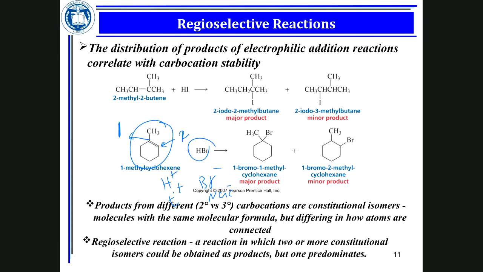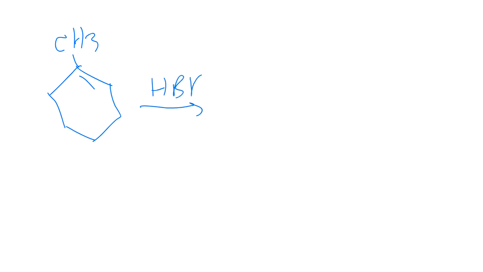Let me just draw this. It might take some time, but it's okay. So you have a CH3 here. You want to add HBr. We already know that this is addition of HX.